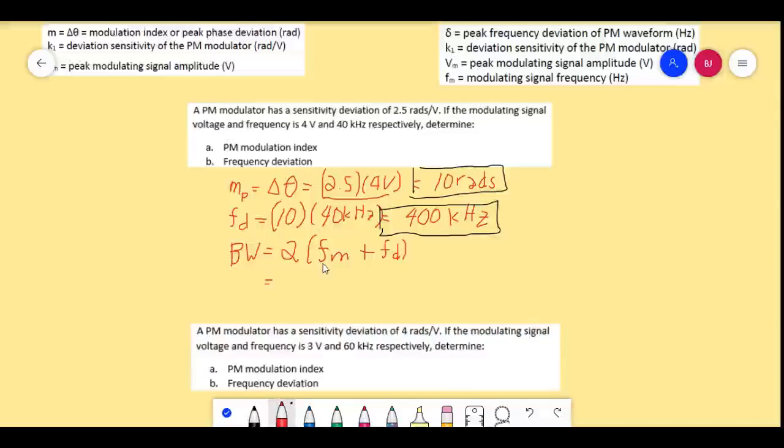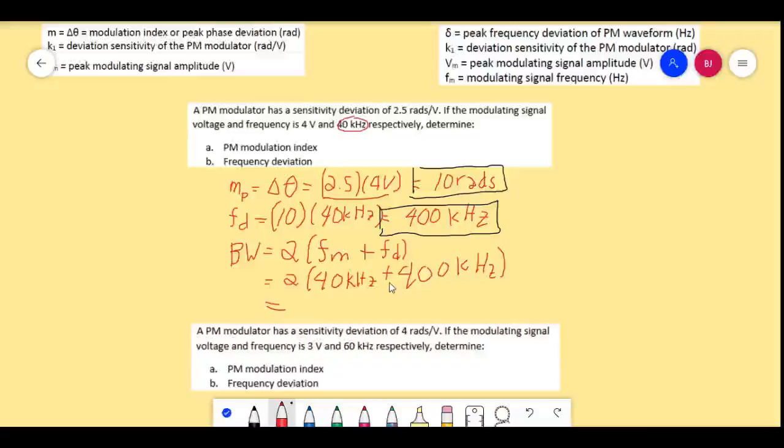And f sub m is 40 kilohertz. Our frequency deviation would be the one that we got from the second computation, which is 400 kilohertz. So we just add these two together and multiply it by 2.